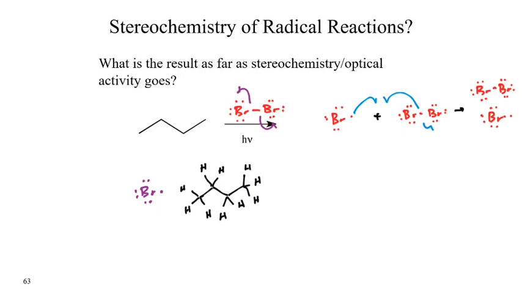But now the question becomes: which hydrogens? Because bromine is selective, what we would expect is to form the most stable radical. So the result of that is that we form the bond between bromine and hydrogen, and we now have the formation of HBr, which we tend to ignore because it's not organic.